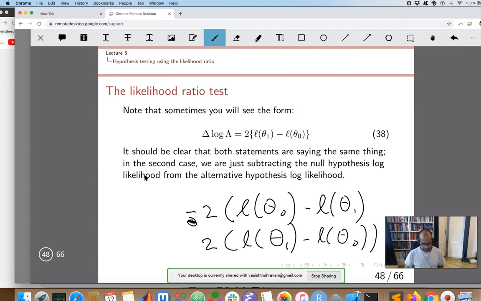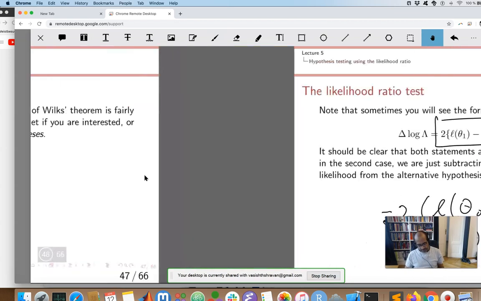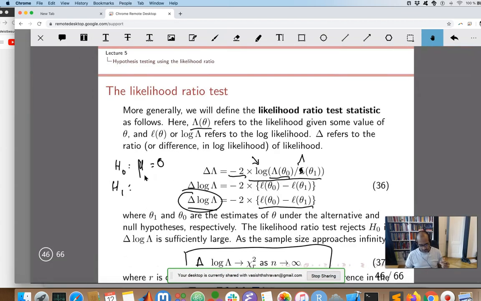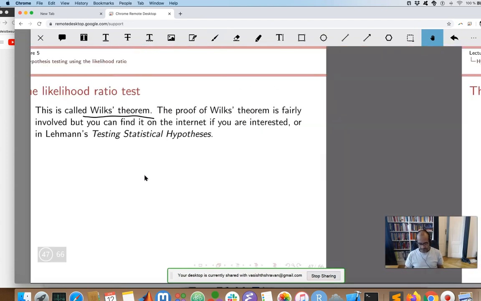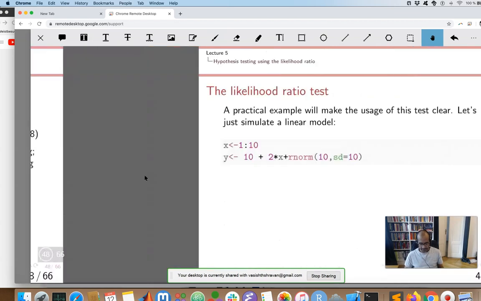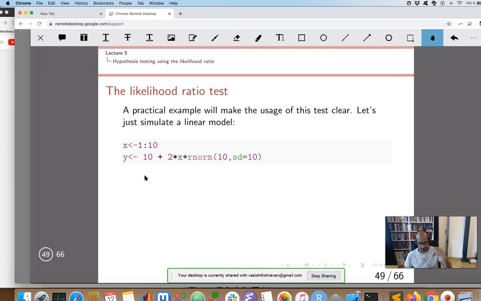So I can just rewrite this without the negation. You should not get confused. It's the same thing. Sometimes when you see the likelihood ratio test, you'll see it presented as equation 38, and sometimes as equation 36. So don't be confused about that. It's just manipulating the negation. Okay, that's the negative sign.